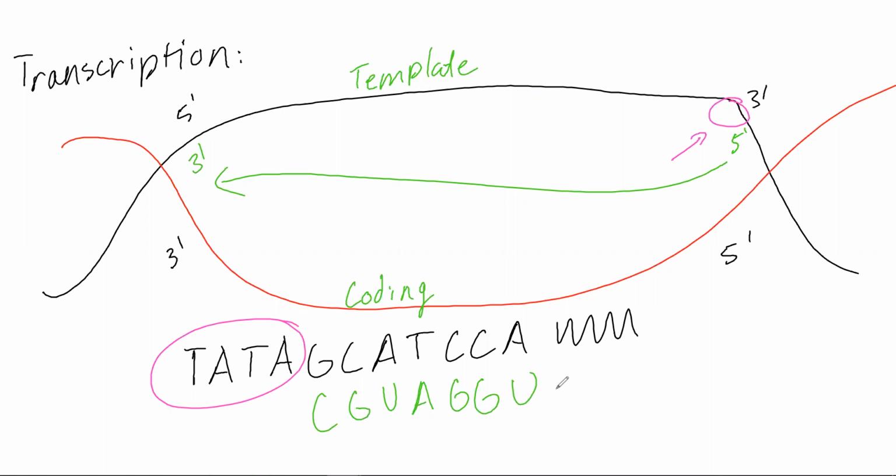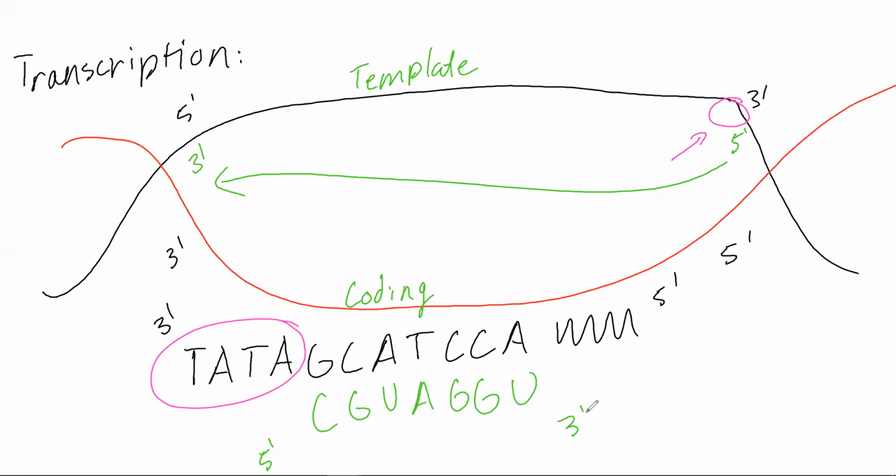But before we can actually send it out, it needs a couple things, right? It has a 5' end and a 3' end. And remember, this end is technically the 3' end, and this end is technically the 5' end, because we went to the right when we were replicating. On the 5' end, what we need to do is add a 5' cap, which is another series of bases that varies, but it protects the mRNA.